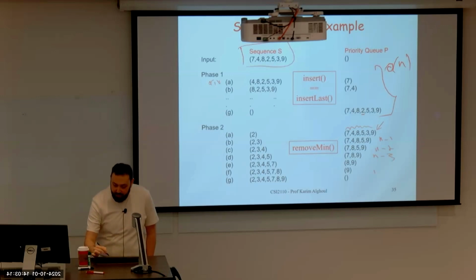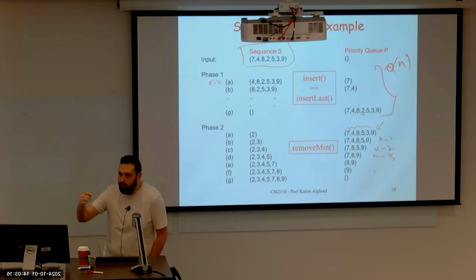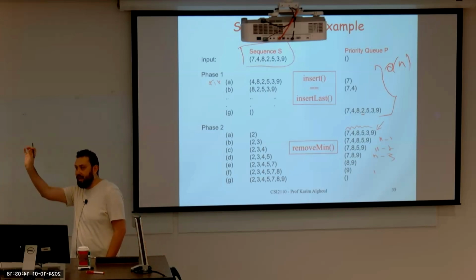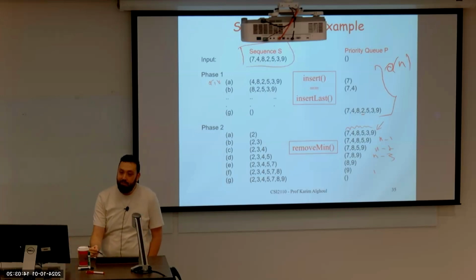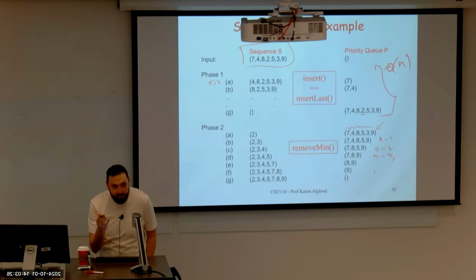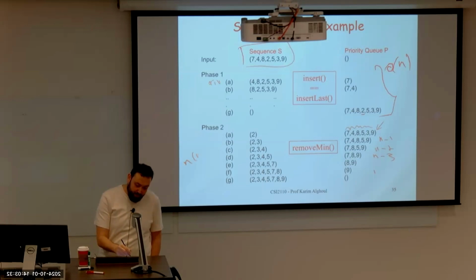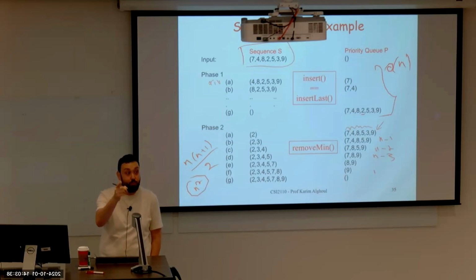Here, I said O of 1 plus 1 plus 1 plus 1 until I arrived at n. Here, what do I have? n plus n minus 1 plus n minus 2. What does it remind us of? Gaussian summation, which is 1 plus 2 plus up to n, which is n times n plus 1 over 2. That's going to give us n squared. It's going to be n squared.